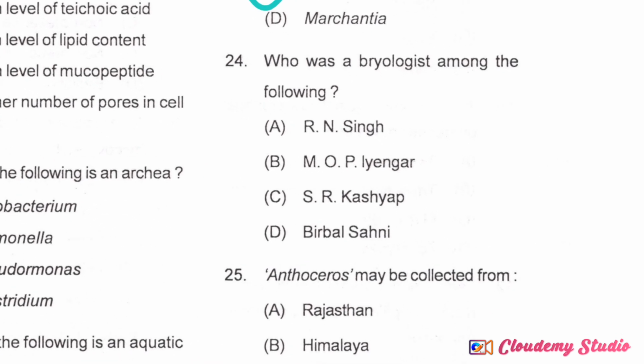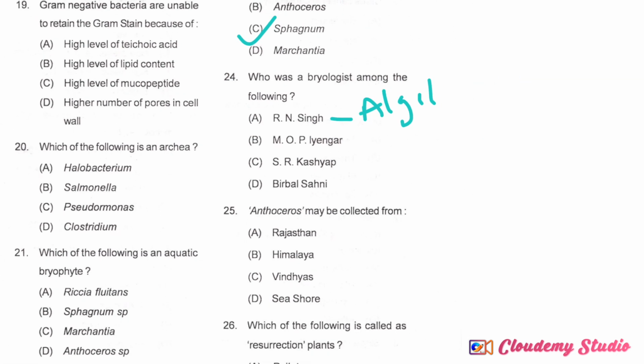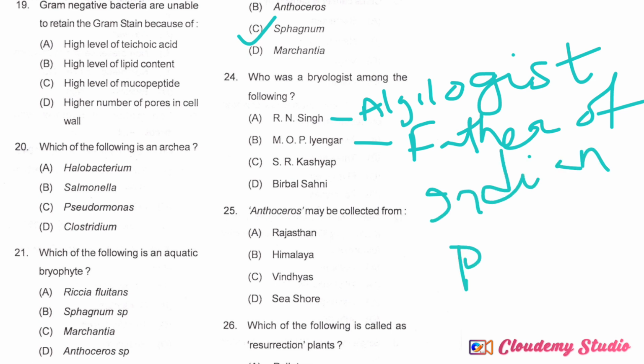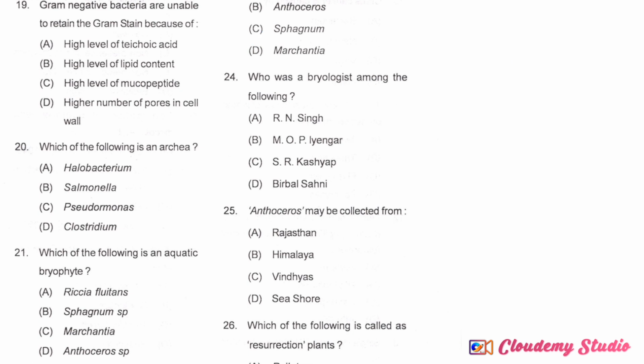R.N. Singh is an algologist. M.O.P. Iyengar is known as the father of Indian phycology. Birbal Sahni is a paleobotanist.